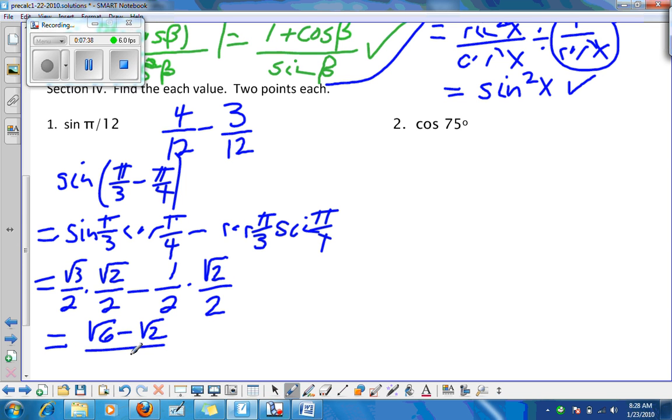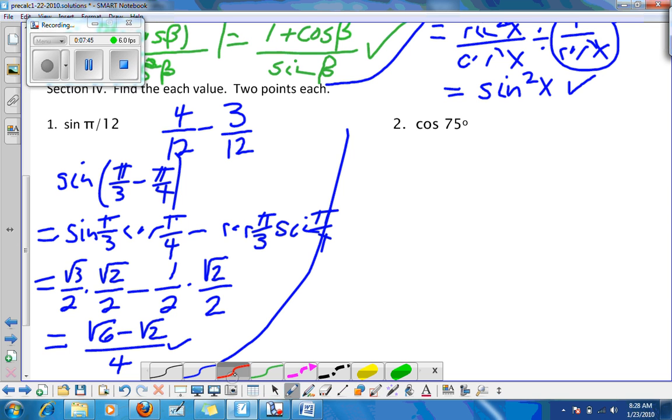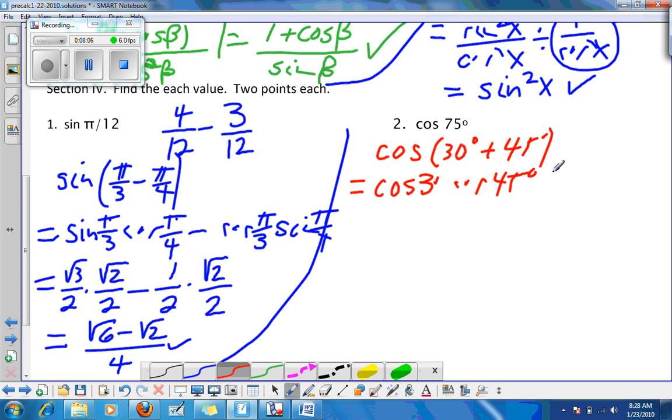Looking at number 2 over here, cosine of 75 degrees, let's use 30 degrees and 45 degrees. So cosine of 30 plus 45 degrees. So we get cosine of A, cosine of 30, times the cosine of 45. Since we have plus here, this is minus the sine of 30 times the sine of 45.